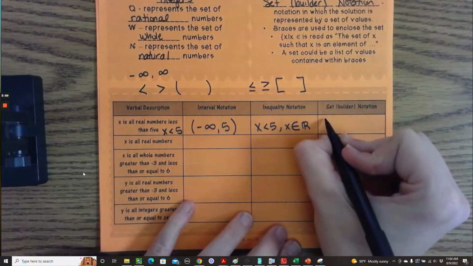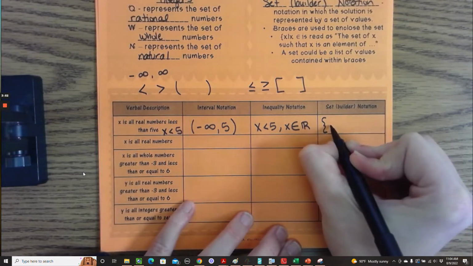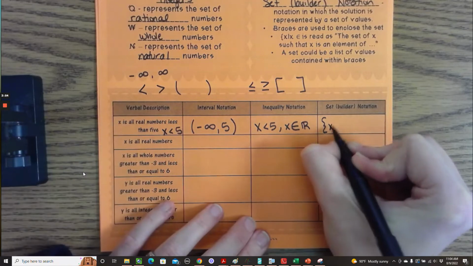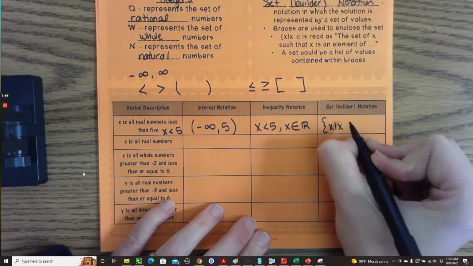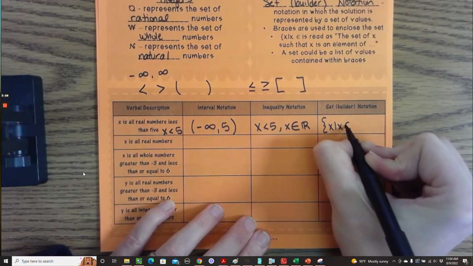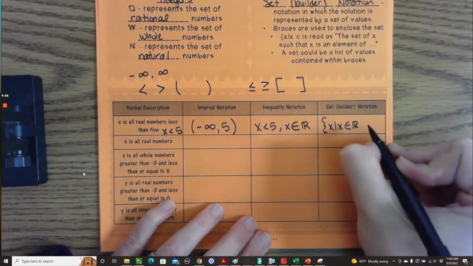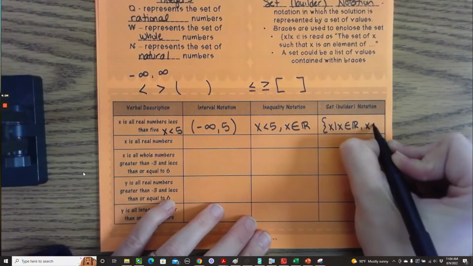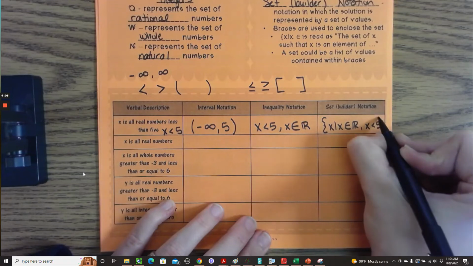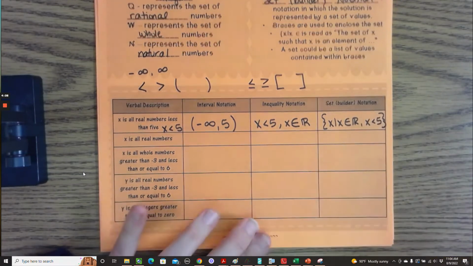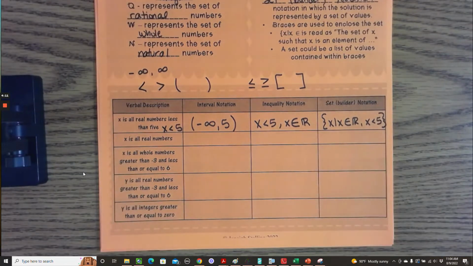For set builder, we would use these braces. When we're talking about x, we would write the element symbol: x is an element of the real numbers, and when x is less than 5, and we would close it with those curly braces.